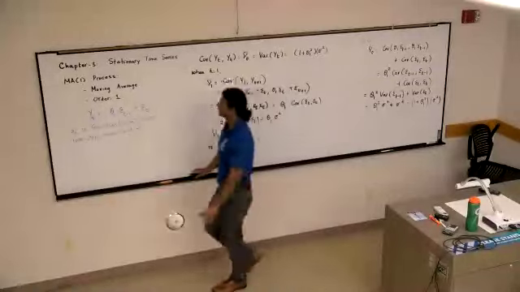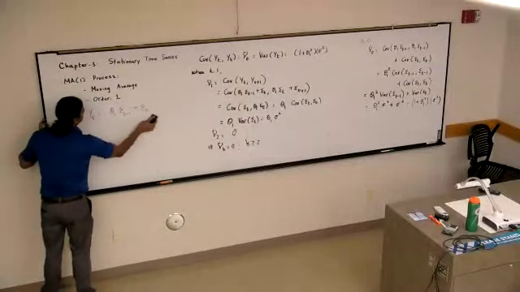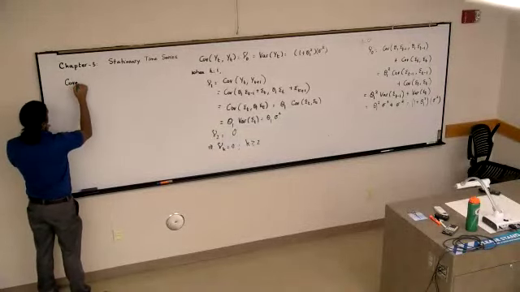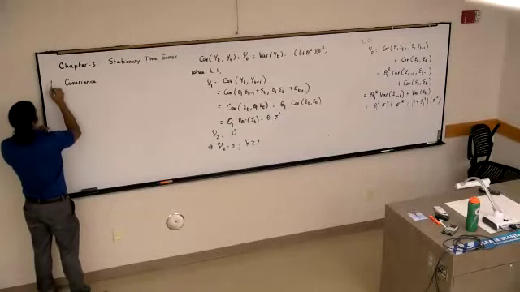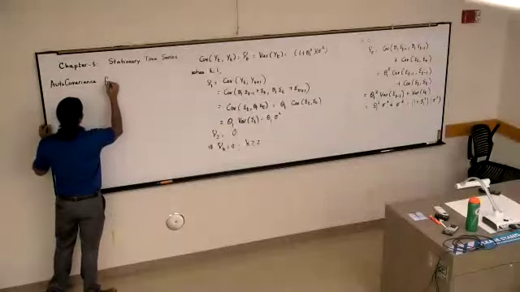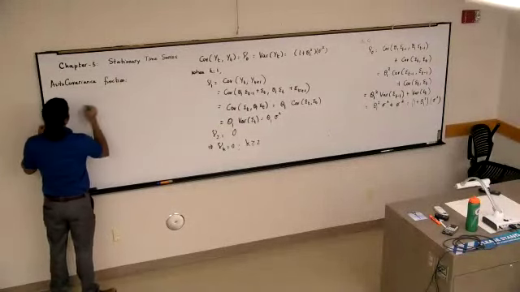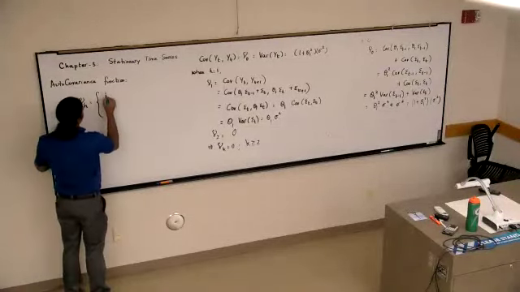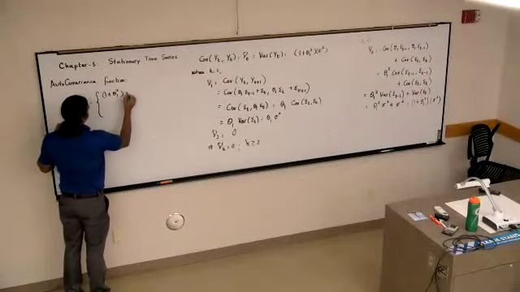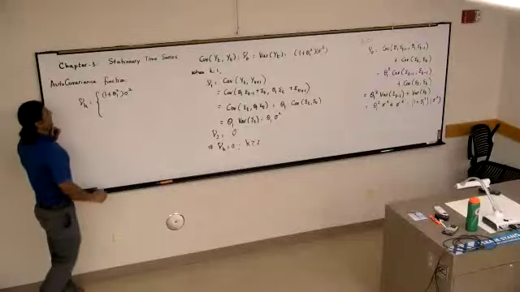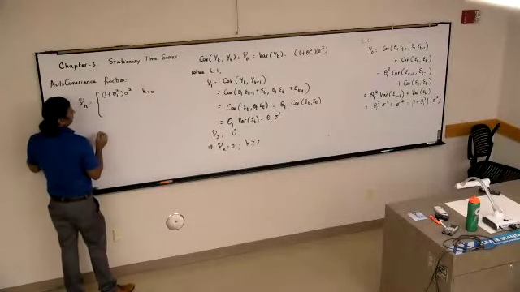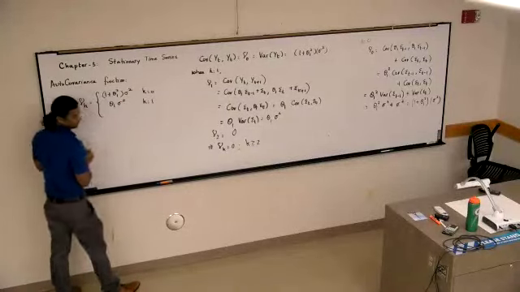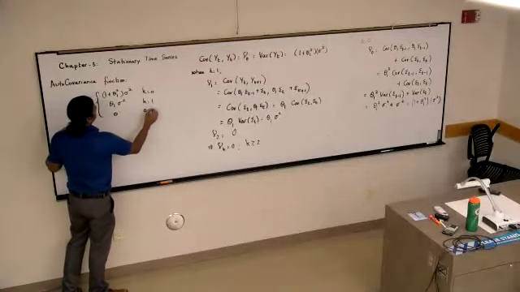So the covariance function for an MA1 process, I should say autocovariance function, gamma h is equal to 1 plus theta 1 squared sigma squared for h equal to 0, theta 1 sigma squared for h equal to 1, and 0 otherwise.